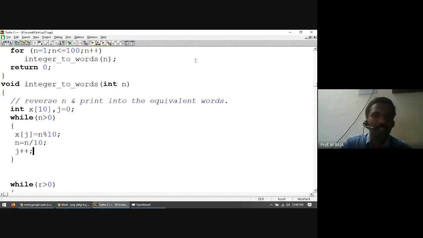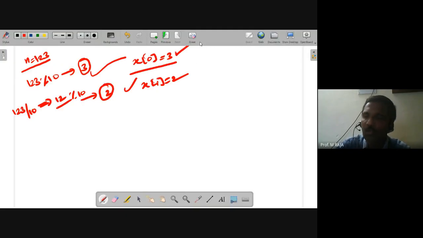Same way here we use j plus plus. After j plus plus, j becomes 1, since initially j is equal to 0. This 0 is nothing but x[j]. Hope you understand. This is again x[j], where j is 1.